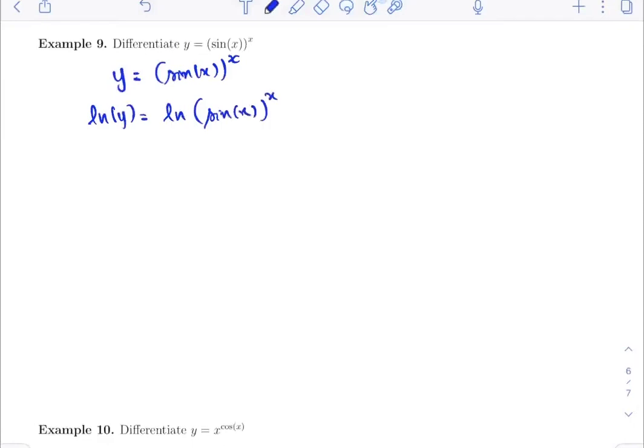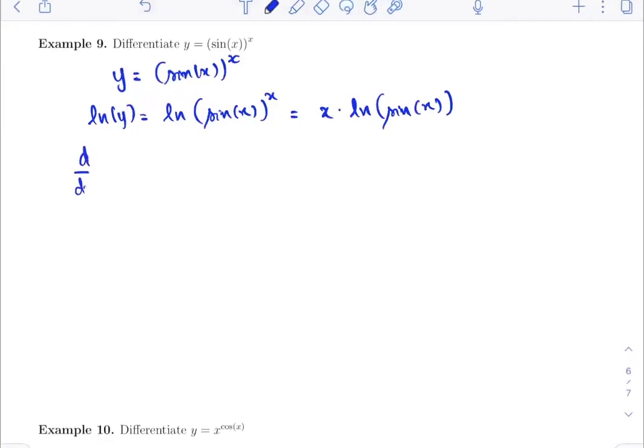And use the power property of logarithms to rewrite the right-hand side, which gives you x times ln of sine of x. And then remember what we want to do is to differentiate the functions. So that means differentiate both sides of the equation with respect to x.